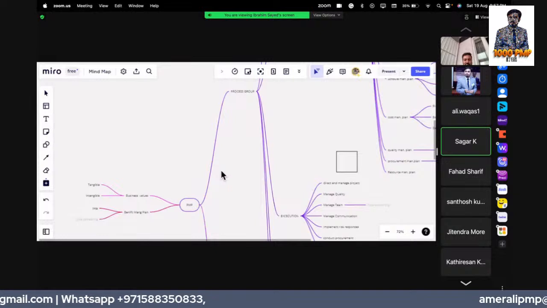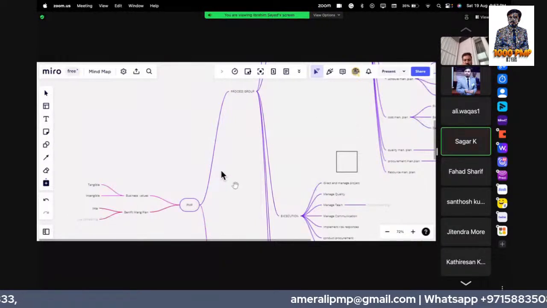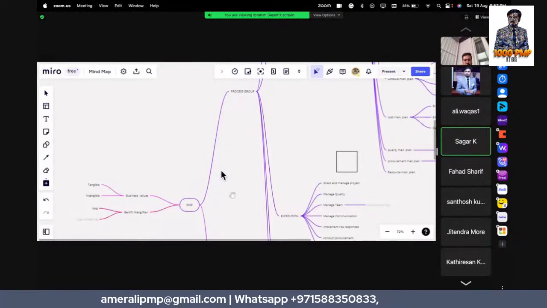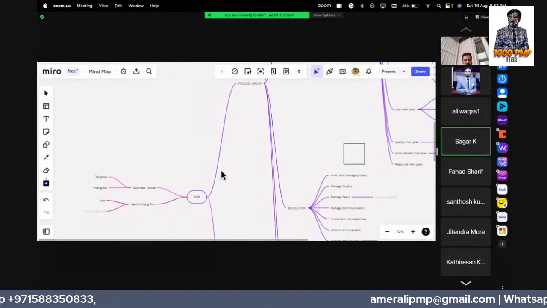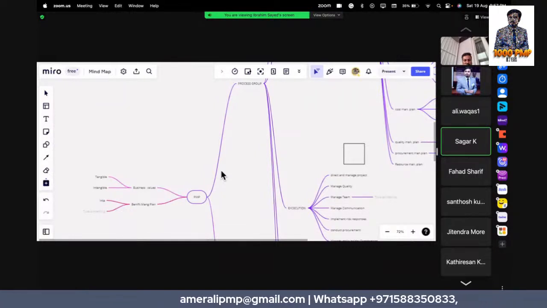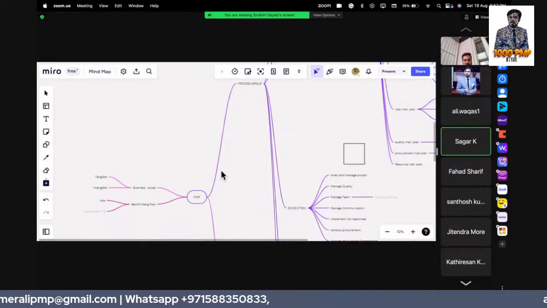On the left-hand side, we are showing the initiation, the pre-project part, wherein the business need arises. The sponsor has a business need, and for that he prepares two documents: a business case, or business value document, and the benefit management plan.